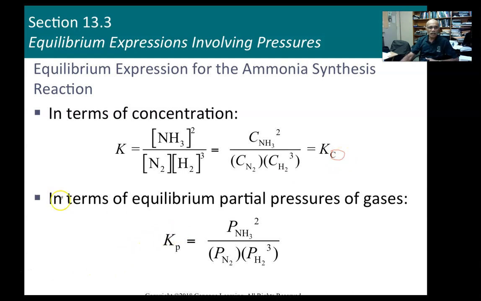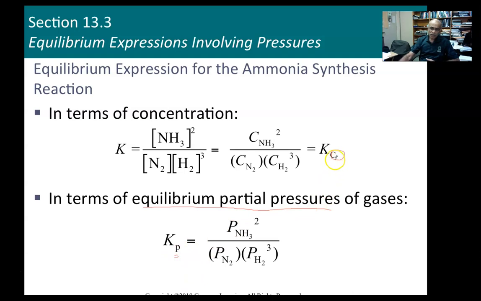And now we can write the equilibrium in terms of pressure. We say partial pressure because that's the pressure of the individual entities or gases that are contributing into the system. So here will be the pressure of the products raised to the power of 2, which is exactly the same as we do in concentration, and the pressure of the reactants raised to their coefficient. So we call this one Kp.